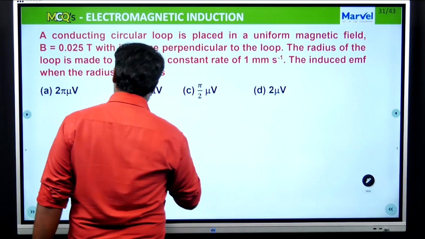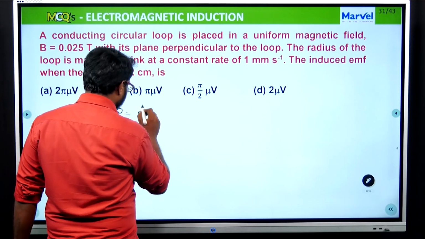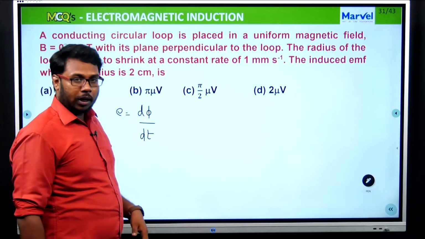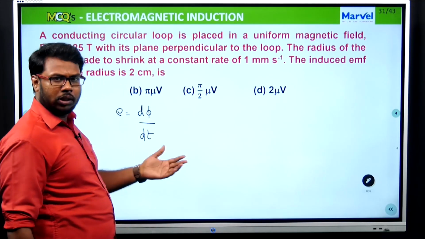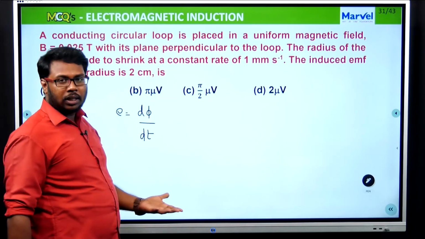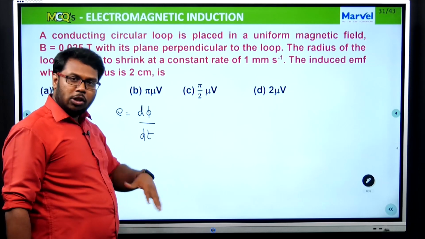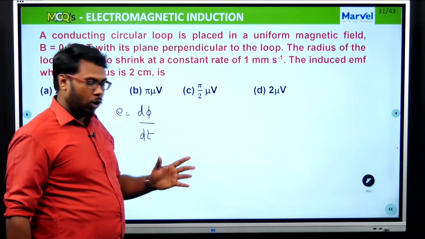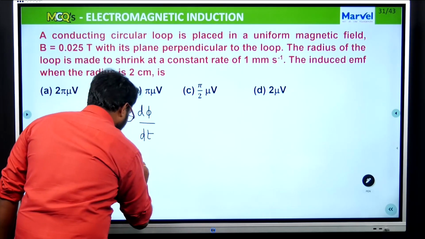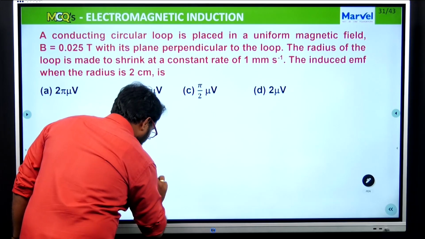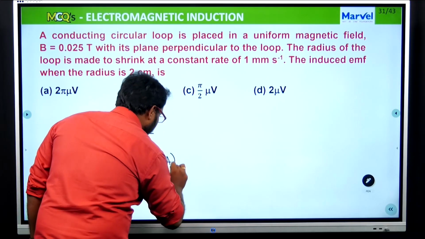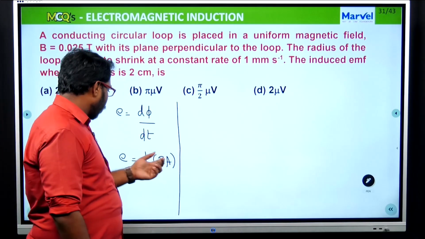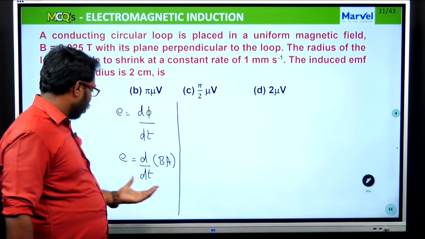So the formula goes like E = dφ/dt. Just forget about the negative sign, since the loop is going to shrink, we can leave it off. Otherwise, we understand that the EMF developed is going to oppose the action that causes it. Now φ is nothing but B times A, so E = d/dt of BA, and because of the change in the radius of the loop, the EMF gets developed.